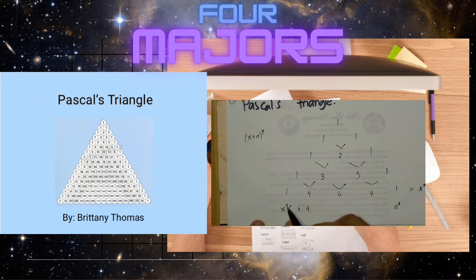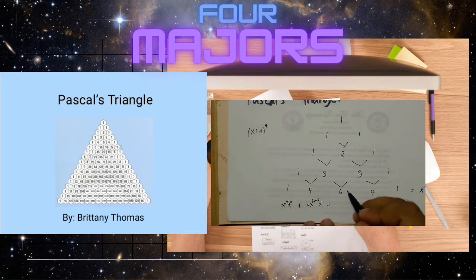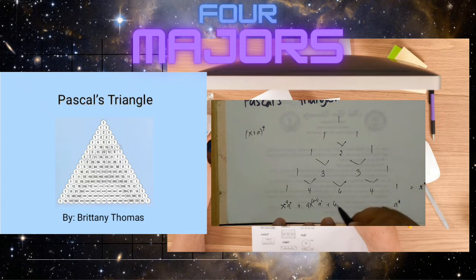And now the coefficient of x must be n minus 1. Okay, 4 times 4 minus 1 times a. Because the exponent of a here is 0, the exponent of a here is 1. Plus 6 times the product of x times a.